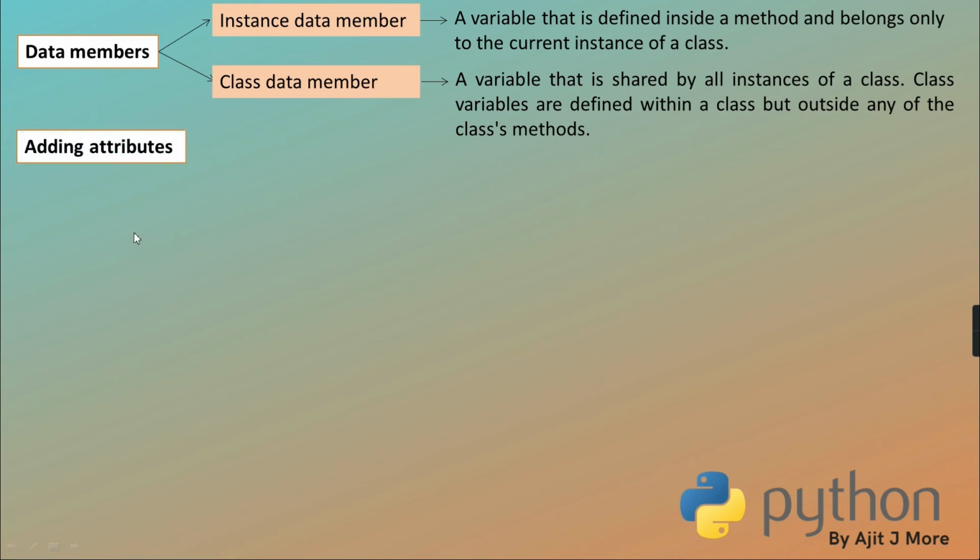Now we'll talk about how to add attributes. Already I told you Python allows you to create an empty class. Python says you can define an empty class, then you can create objects of it, and then at runtime you can add properties in it.